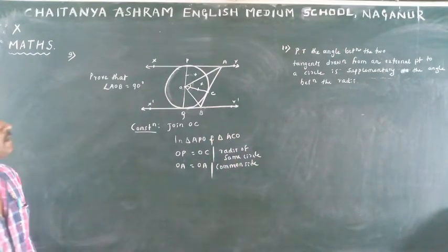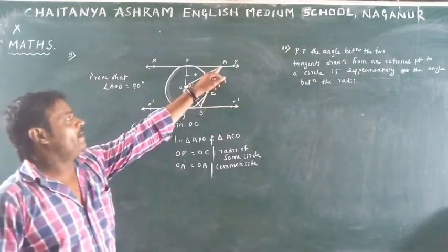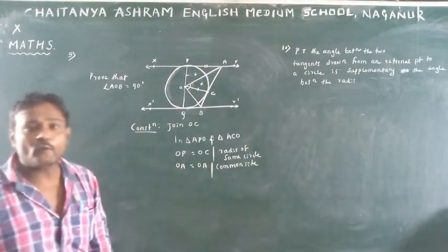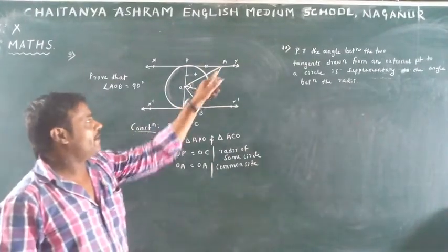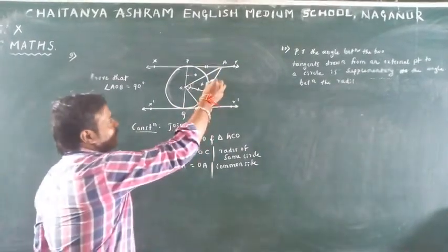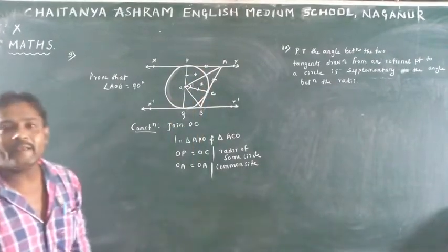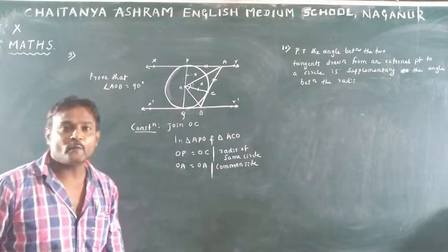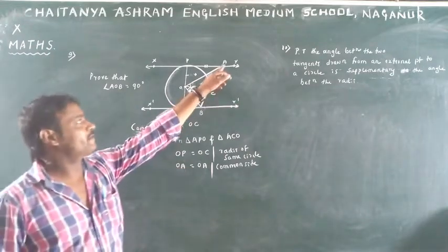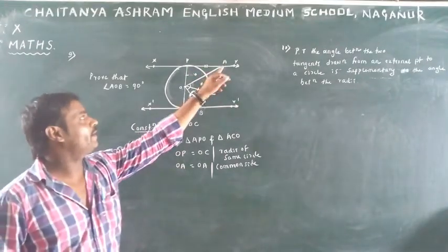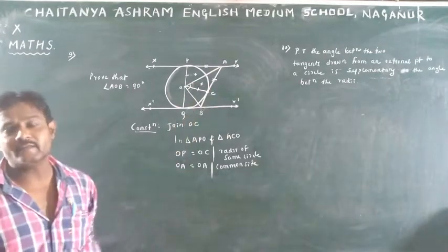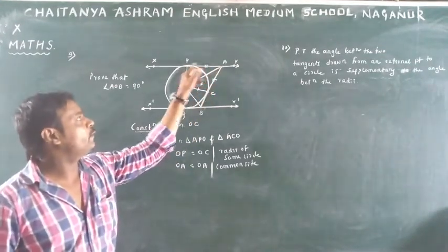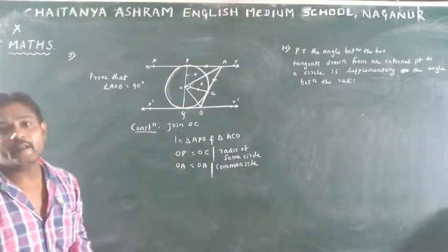And the side AP of this triangle is equal to the side AC of this triangle. Just tell me the reason why these two are equal. Yes, theorem number 2. A is an external point, and AP and AC are tangents to that circle. Tangents drawn from an external point to a circle are equal in length.